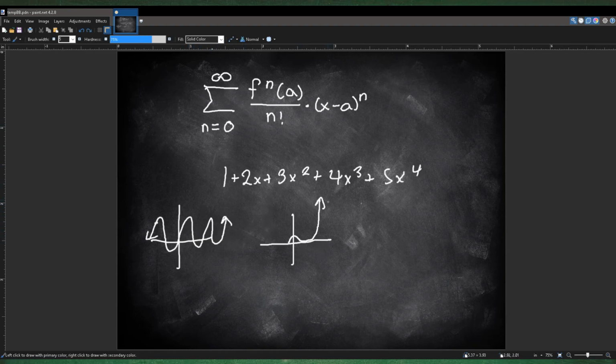So the reason we have this n factorial is that we had to limit it. So instead of something that looks like this, we have to have something like 1 plus 1 half x plus 1 third x squared plus 1/4 x cubed plus 1/5 x to the power 4.